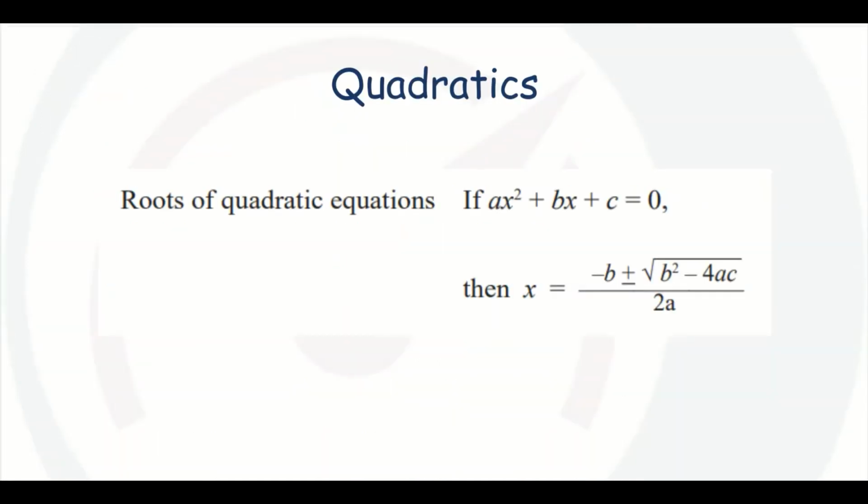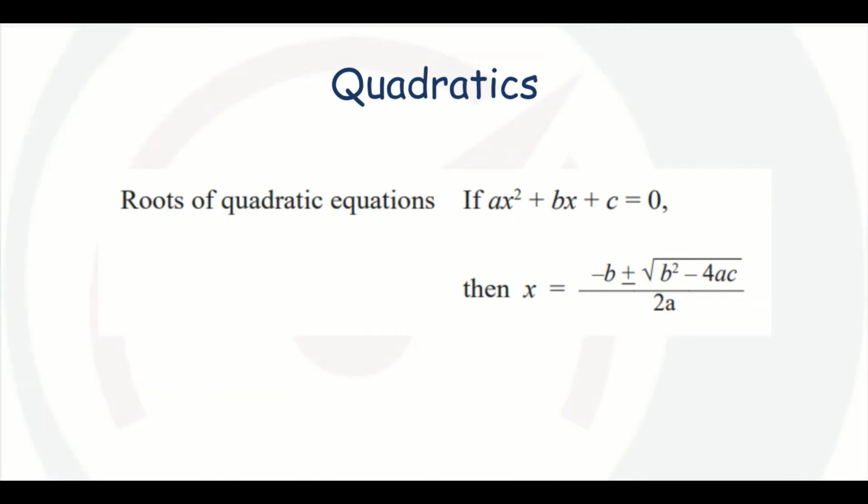Next, we have the roots of a quadratic equation. If the equation takes the form ax squared plus bx plus c equals 0, then x is equal to minus b plus or minus the square root of b squared minus 4ac, over 2a.